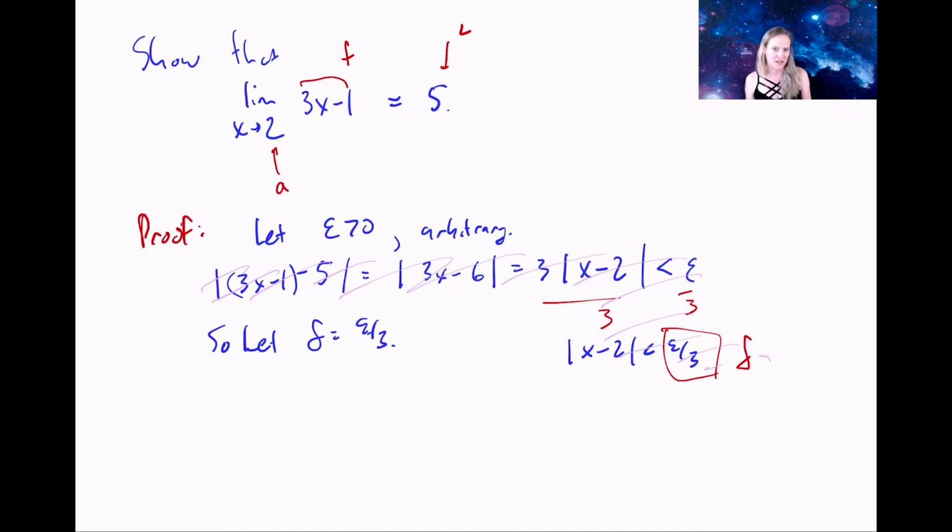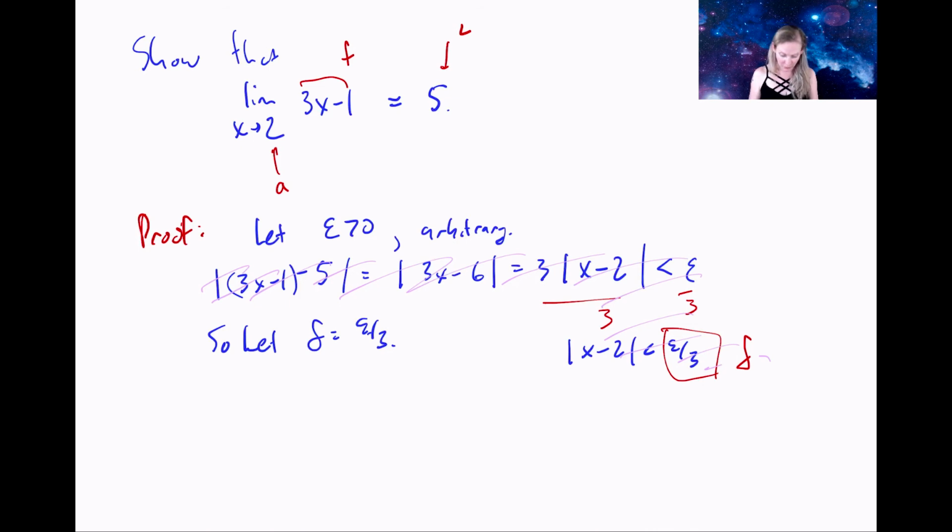And then they say, where'd you get that delta? You say, insight. You did work to find it. So I find my value of delta, and now I'm going to assume that x is close to a. How close? Within delta. And then I'll show that the distance between f of x and L is small. How small? Epsilon.